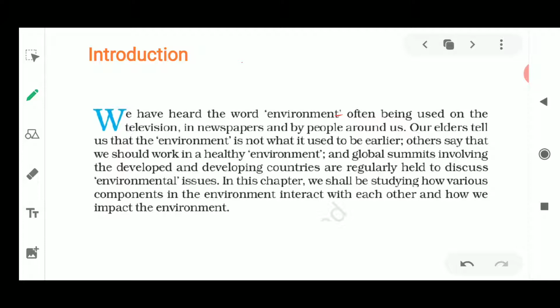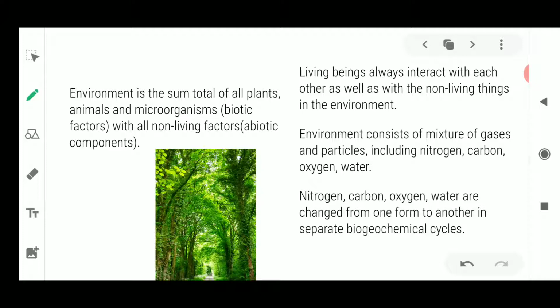Now if we do not talk about the environment, then it is very difficult for us to live. Okay, so environment is the sum total of all the plants and animals, as well as the microorganisms.